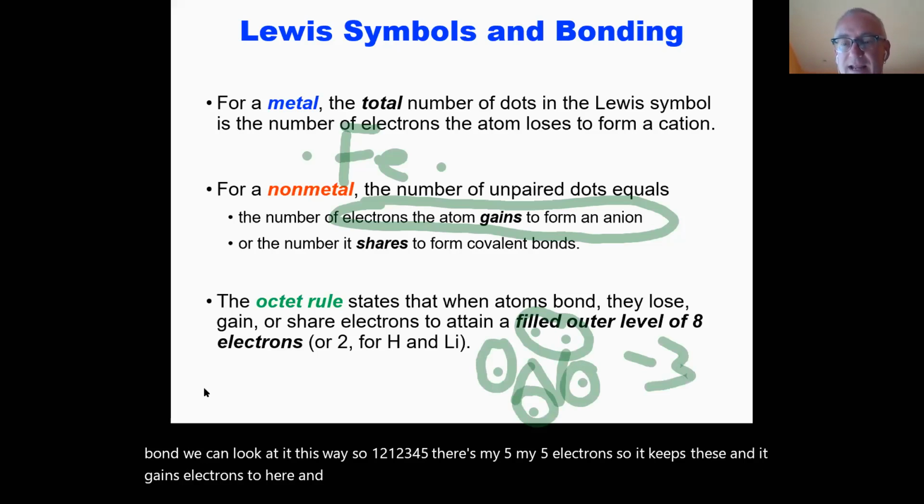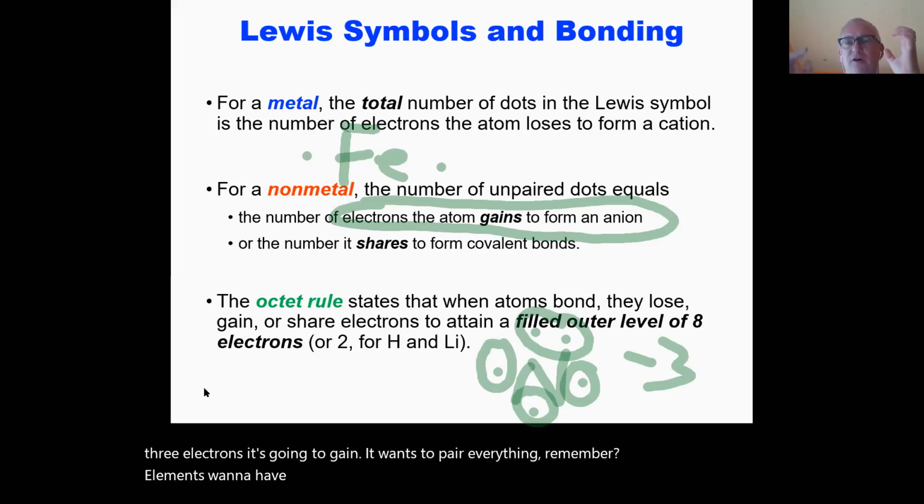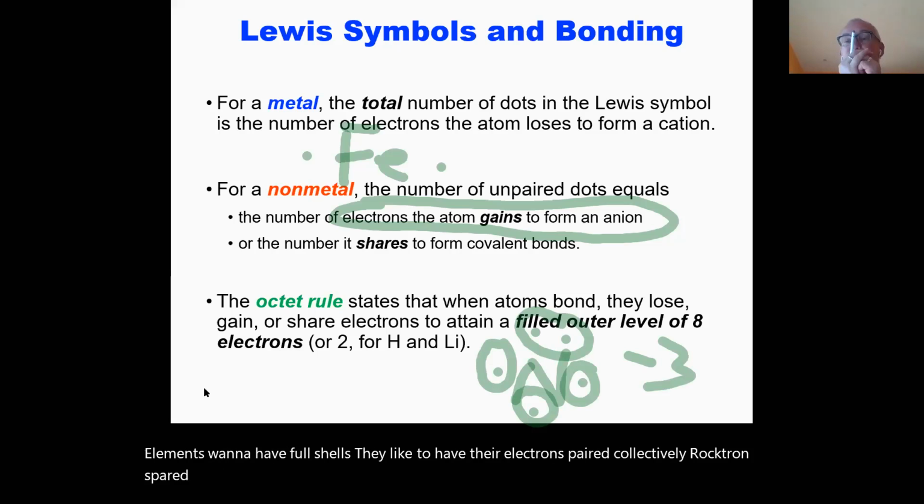So that's why it becomes -3, because those are the 3 electrons it's going to gain. It wants to pair everything. Remember, elements want to have full shells. They would like to have their electrons paired in orbitals, and then filled subshells and filled shells. So what elements don't like to have is unpaired electrons.